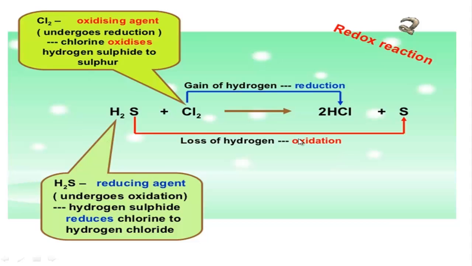So this is the oxidation part, and chlorine is the oxidizing agent. Here chlorine is converted into hydrogen chloride, that means gain of hydrogen. So this is the reduction part, and hydrogen sulfide is the reducing agent.